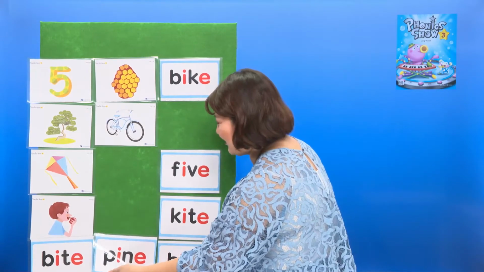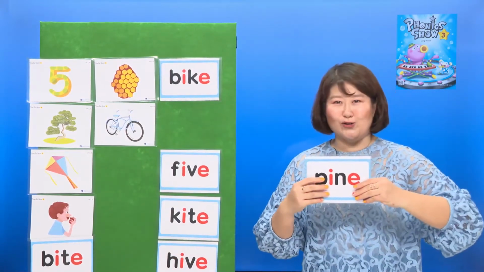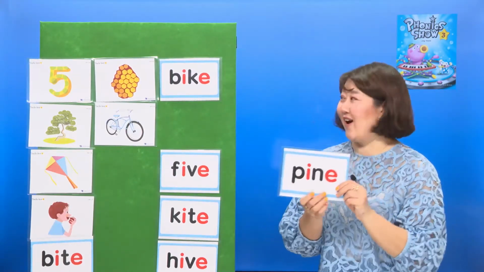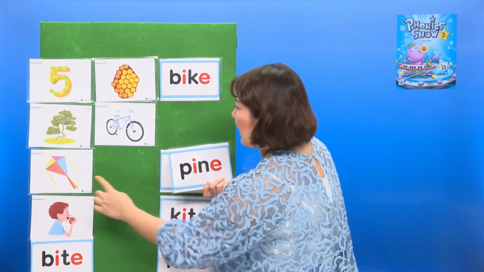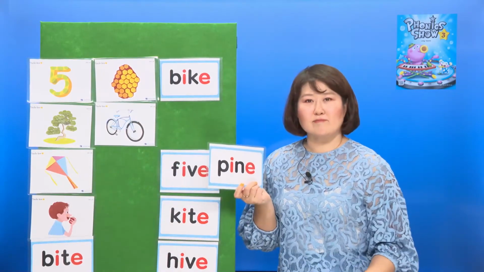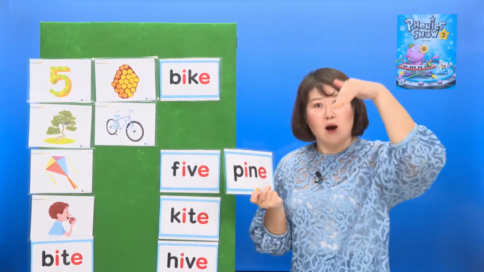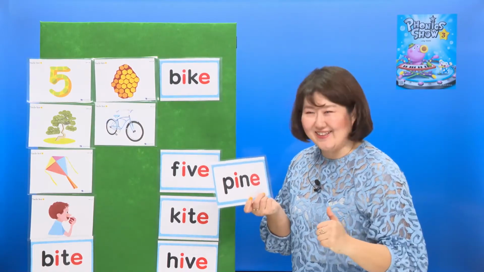And what do you want to do? Pine. I think this is a really nice word. Let's do the pine all together. Pine. Good job, everyone. Then let's see. I think this is the right one. No? Then what is this word? Someone say the right word. Kite, right?